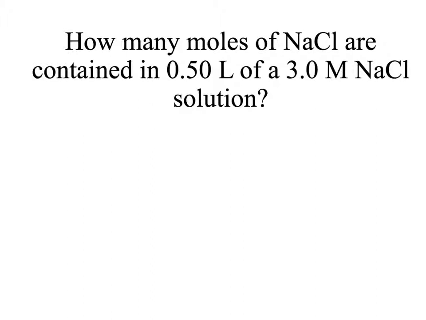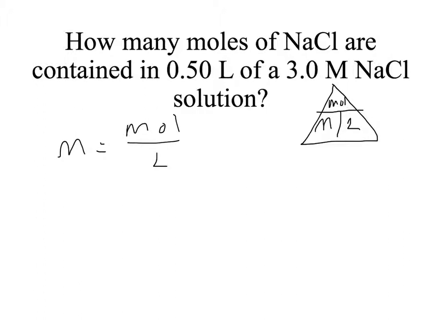Alright, let's start using our molarity triangle here to find out some other values. So we have molarity equals moles per volume. Now, how many moles of sodium chloride are contained in 0.5 liters of a 3 molar solution? So now we have molarity equals moles over liters.